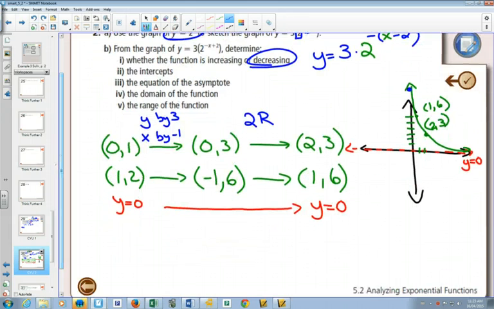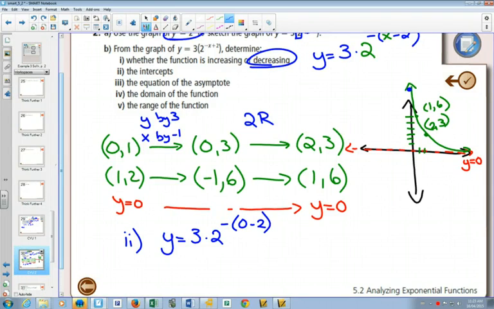So let's go down here for part 2. If we plug in 0 for x in y equals 3 times 2 to the negative x minus 2, y equals 3 times 2 to the negative 0 minus 2.